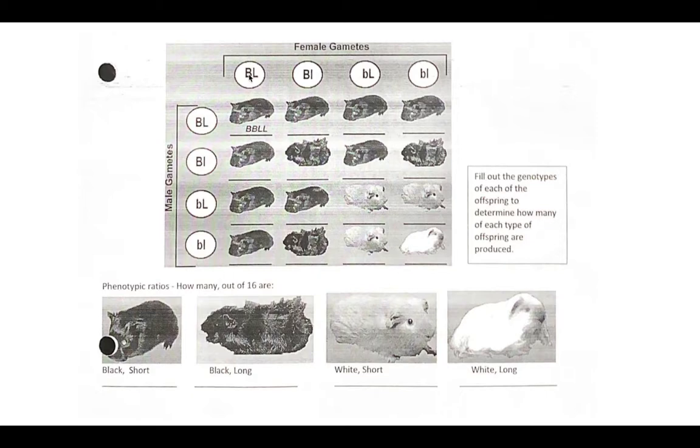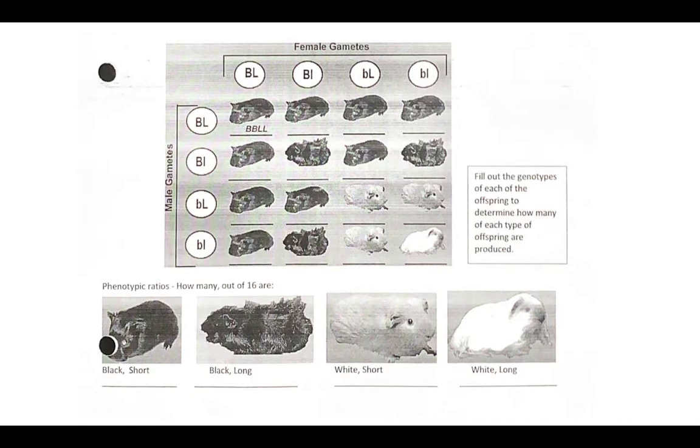They have pulled big B, big L, and written down right here under the little guinea pig that individual's genotype. Notice they put the B's back together and they put the L's back together so that it's easier to read what that guinea pig is going to look like, putting your homologous pairs back side by side.